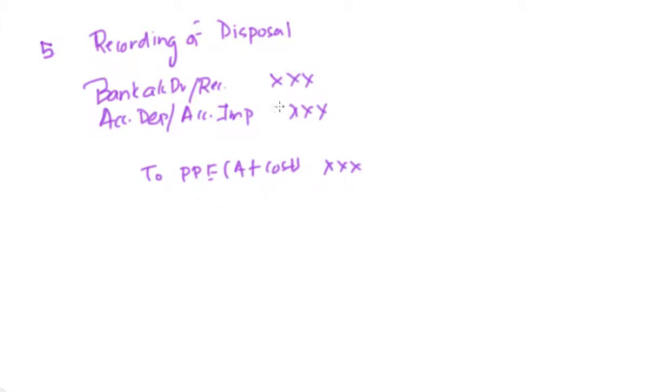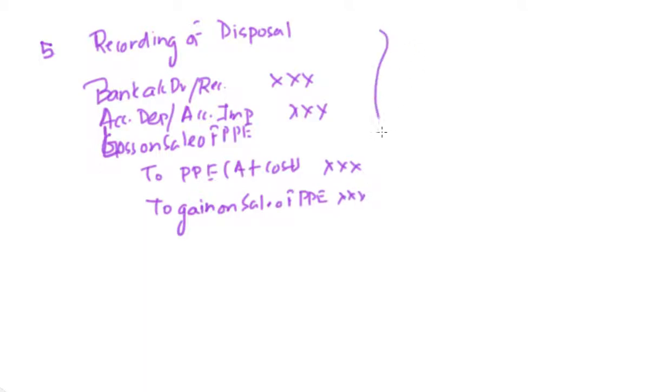After setting off everything, we may have a loss on sale of PPE, or we may have a gain on sale of PPE. So this would be the journal entry.